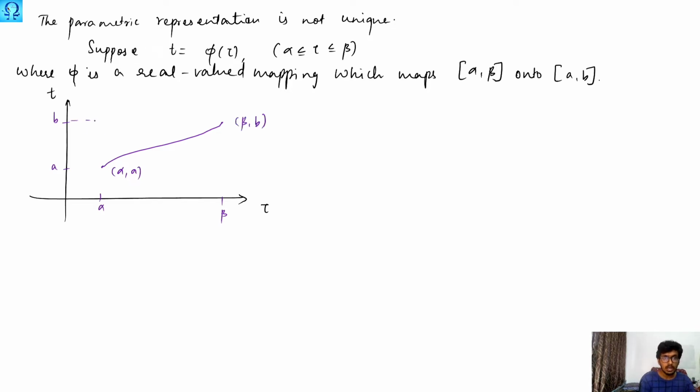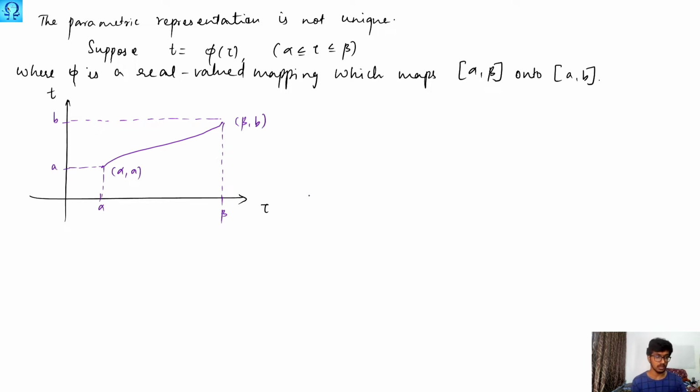You may parameterize it with a function where, if you decide to represent it with the help of tau, then it ranges from alpha to beta. If you choose to represent it with the help of t, then it ranges from a to b.